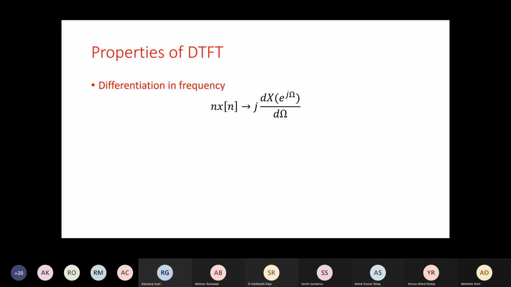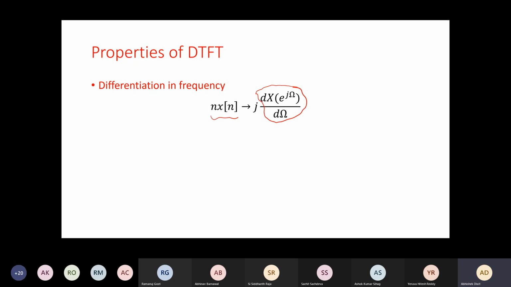All right. Now differentiating in frequency. So n times x[n], this is a very useful function, at least from an exam point of view. So n x[n] will have a Fourier transform which is given by differentiation in frequency.